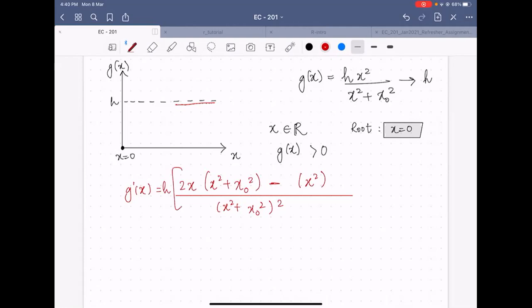In general, x square and then again 2x, which is the derivative of the denominator. Now I can easily just cancel these two things. What I get is, I keep h separate for now, 2x x naught square over x square plus x naught square whole square.